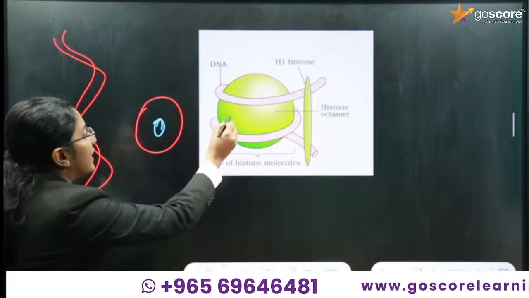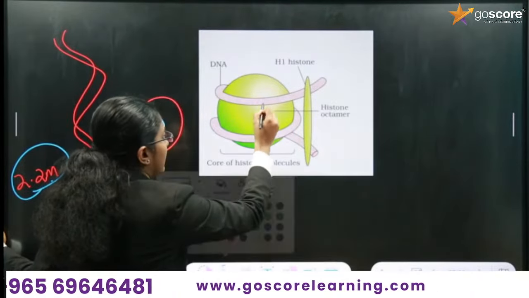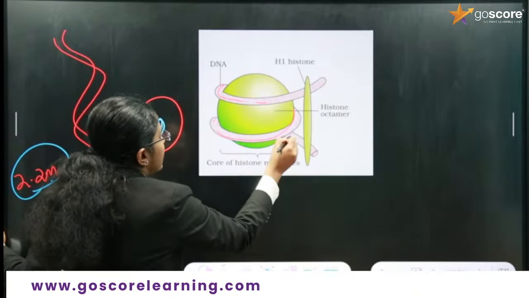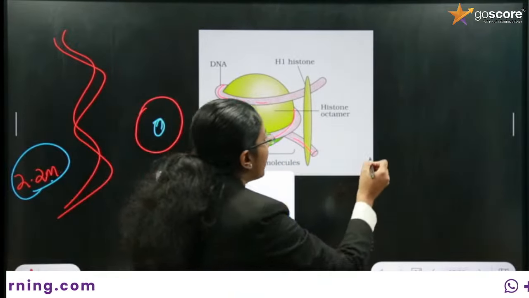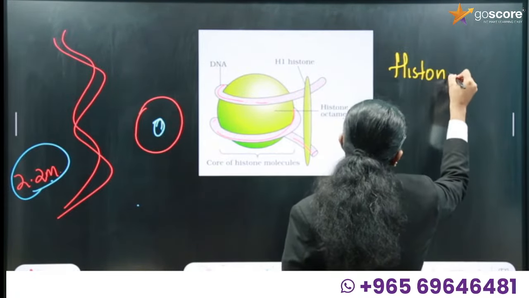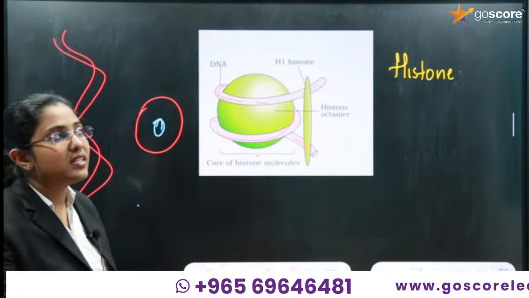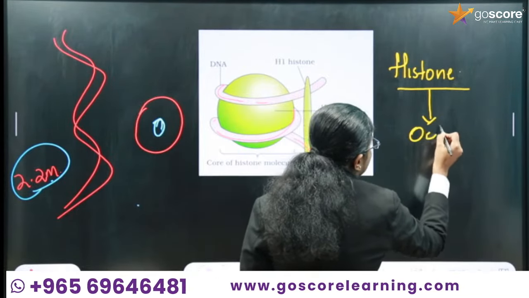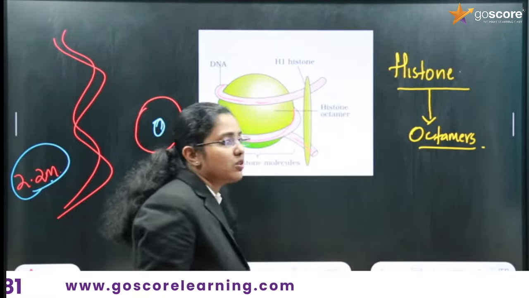This is negatively charged DNA, and this negatively charged DNA is wrapped around a protein molecule, known as histone protein. The histone proteins are actually octamers.